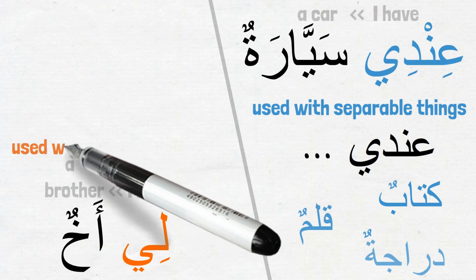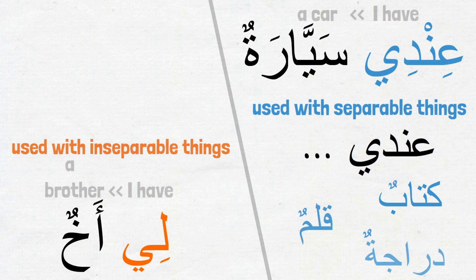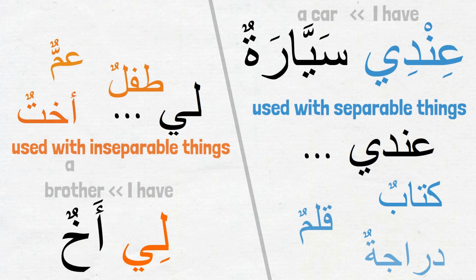But for inseparable things or persons, such as relations or body parts, we use the harf li. For example, we can say, Li akhun, ukhtun, tiflun, ammun, famun, aynun, yadun. But we do not say Indi akhun or Indaha tiflun. It needs to be Li akhun and Laha tiflun.